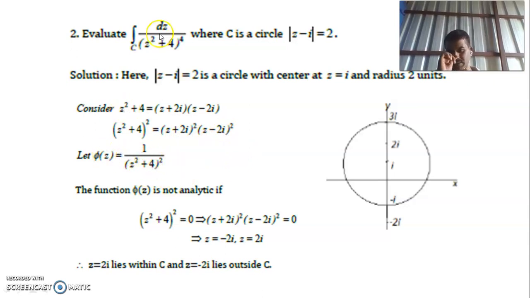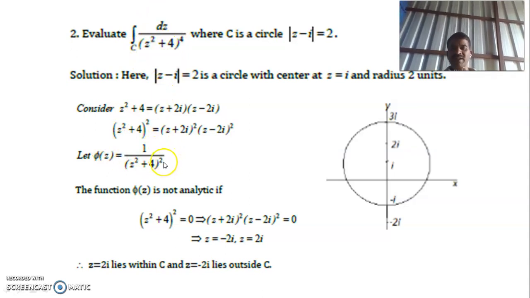We can take 1 over (z square plus 4) whole power 4 as phi z. This phi z is not analytic where its denominator is 0. So we have 2 points: minus 2i, which lies outside, and plus 2i, which lies inside the circle mod z minus i.